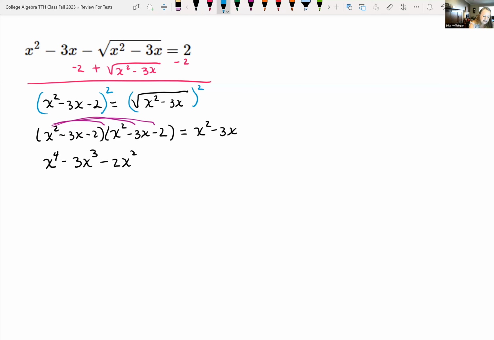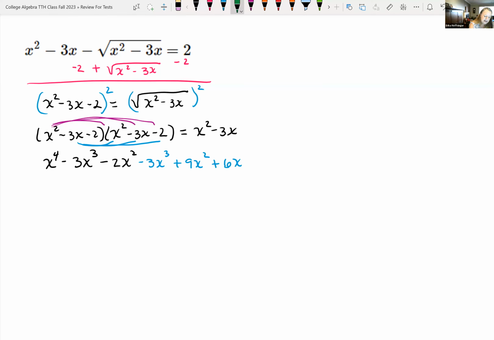Now I'm going to take my negative 3x and distribute it to each term in the second parentheses. Negative 3x times x squared is negative 3x cubed. Negative 3x times negative 3x is plus 9x squared. Negative 3x times negative 2 gives me plus 6x.